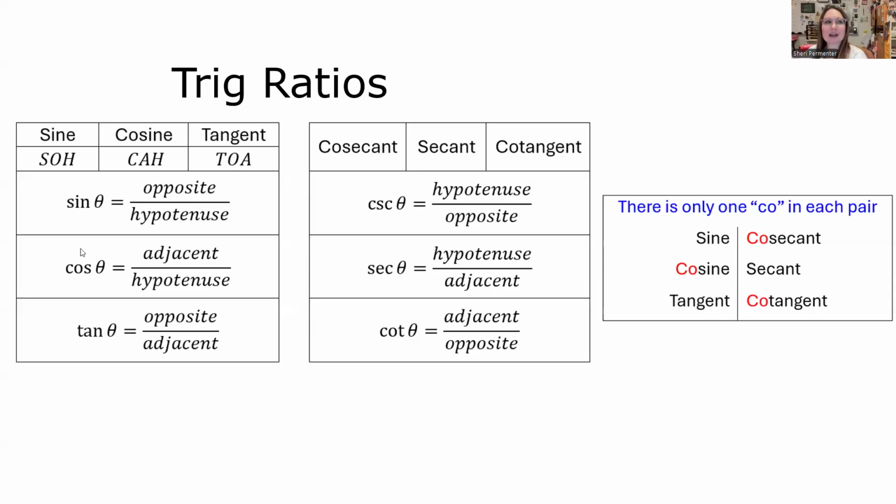And I know that we're going to say sin, cos, and tan. It is a pet peeve of mine because, like, when you see MRS, does anybody ever say MERS when you're talking about Mrs.? Like the abbreviation MRS before somebody's name? We say Mrs., right? We don't say MERS.